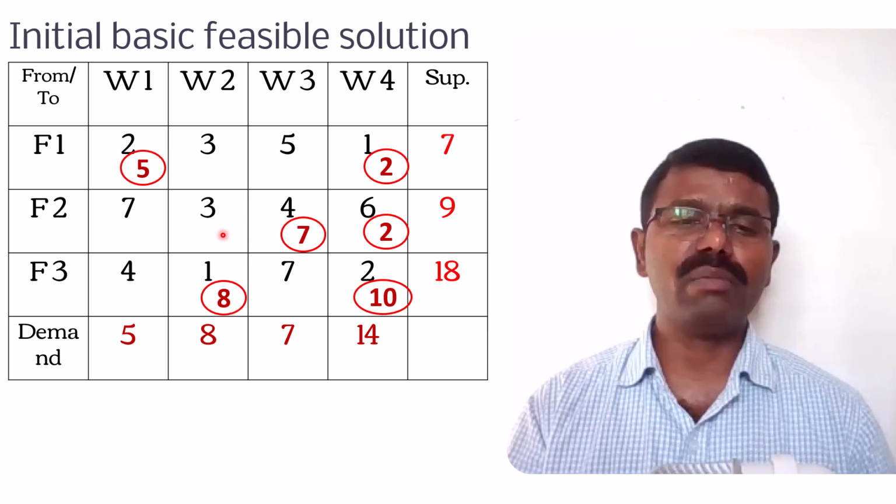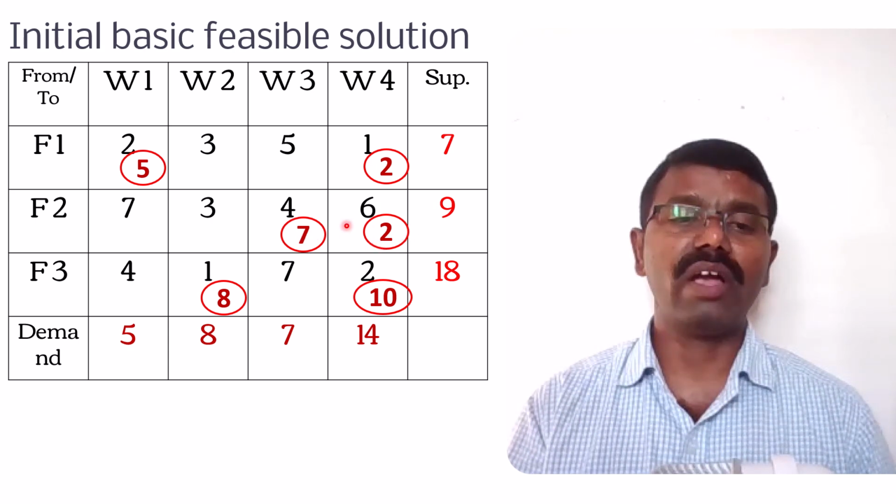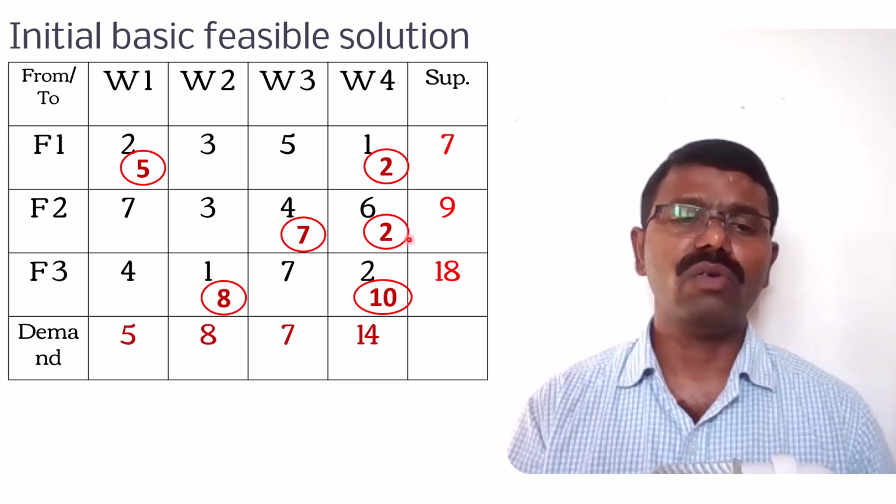So here I can allocate a maximum of 2 units, because the maximum value here is only 2. So 8 I can take, but the problem is I can't subtract 8 here. So the maximum value which I can move from this side is only 2.